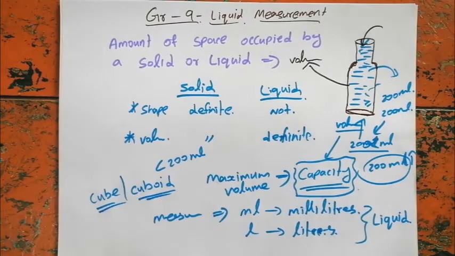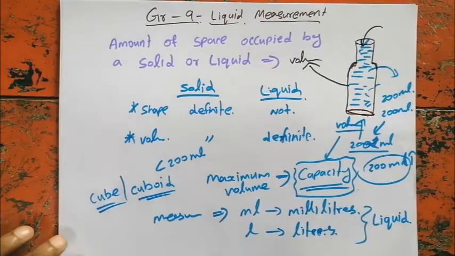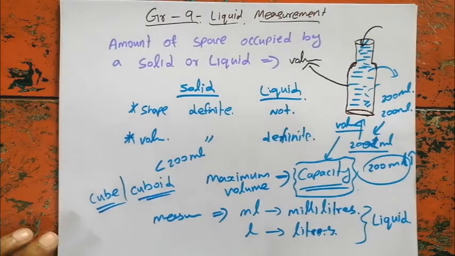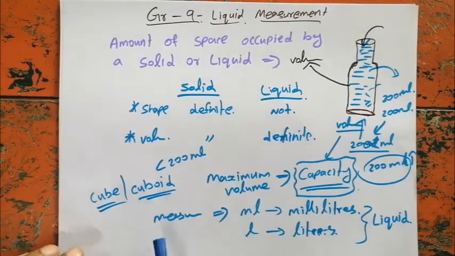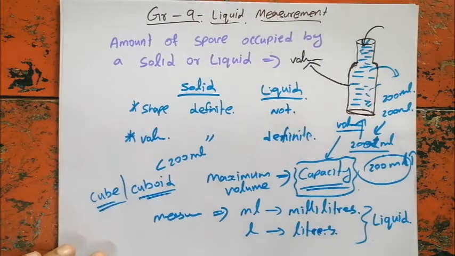Okay, let's check the equation to find the volume, and let's speak about the measuring unit of those cube and cuboid, in which we measure the volume of the solid shapes.